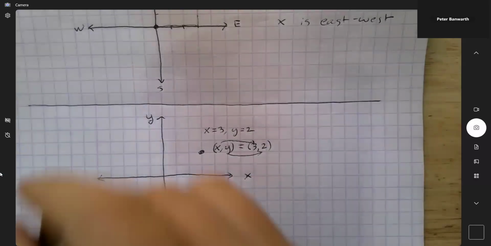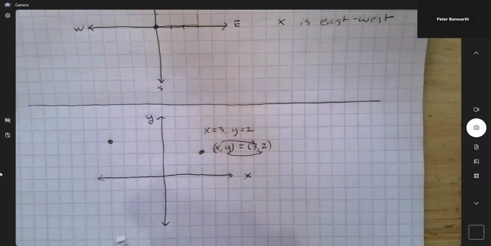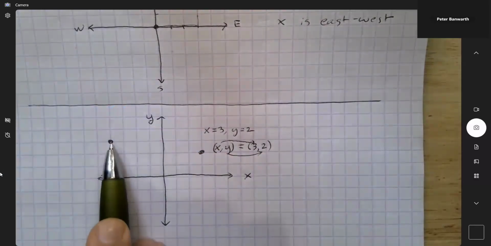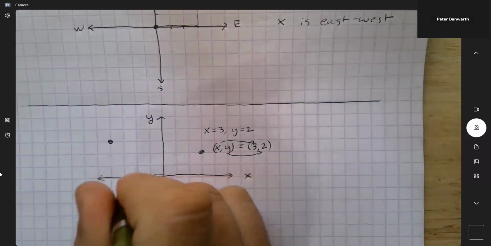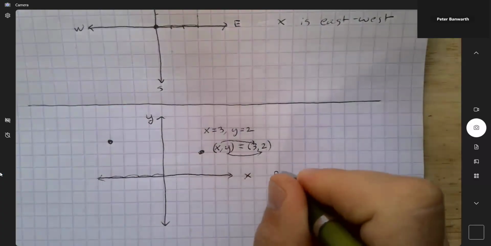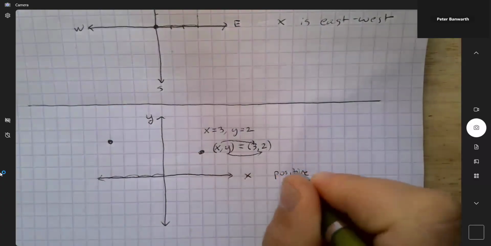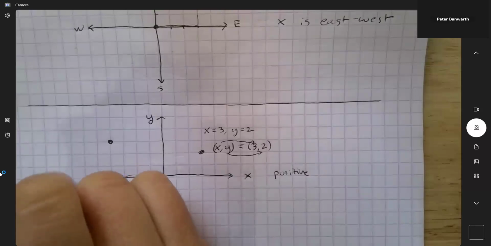Let's look at this point right here. To get to that point on my map, I don't go east anymore, I go west. I go 1, 2, 3, 4 steps west. Well, to keep track that I'm moving west, instead of using the word west, I just use the negative symbol.